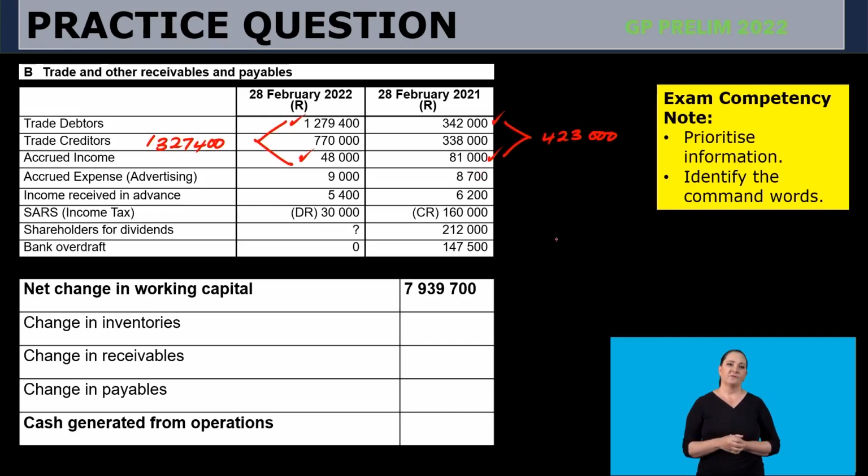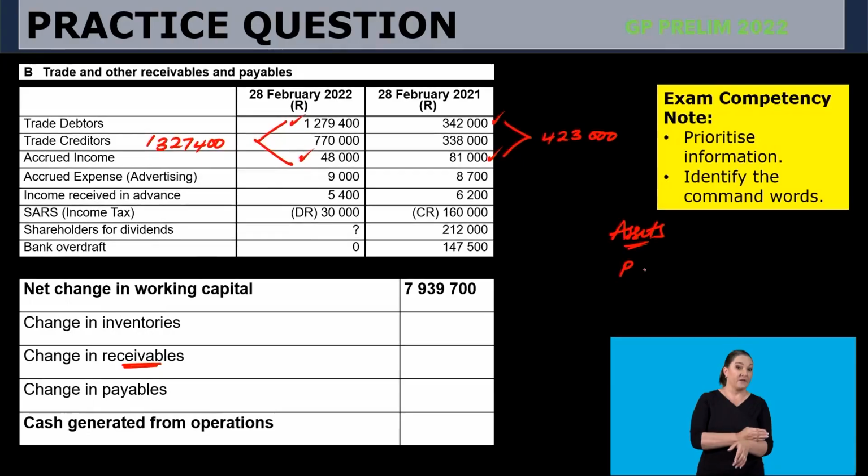And now I want to record them here. Change in receivables. I understand that my receivables are part of my assets. And if you remember what I told you earlier, with your assets, you will say previous minus current. So I'll take the previous year. How much was the previous year?